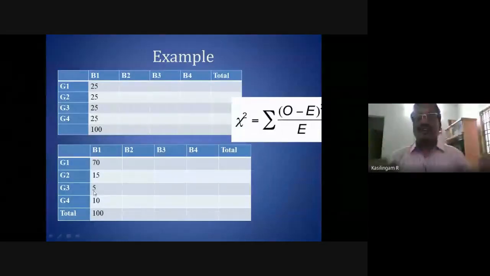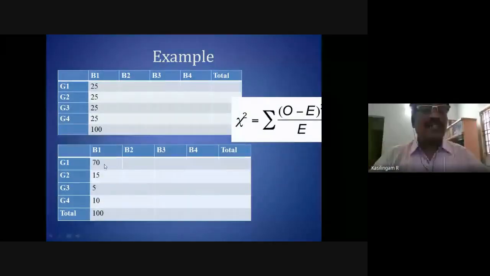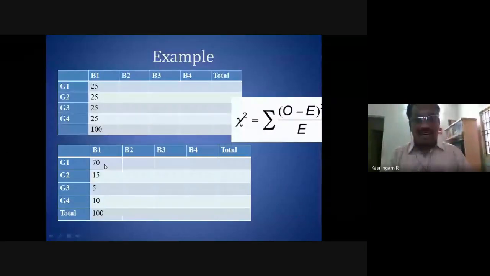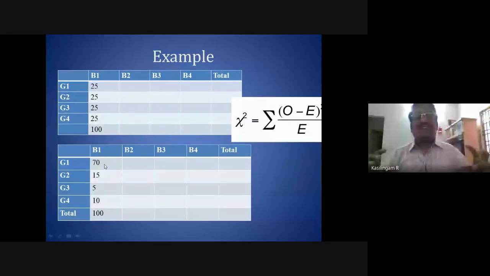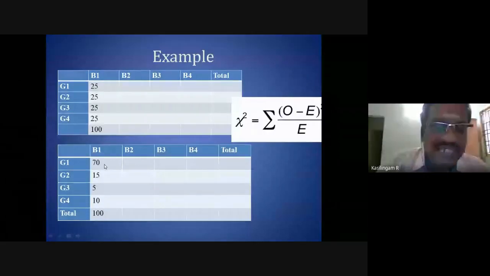When the chi-square value jumps, the level of association will jump. Now, when it is 70, we say boy 1 is associated with girl 1. This is called the association. Likewise, category 1 is associated with category 1, saving associated with income category. That is what we are going to test with the chi-square test.